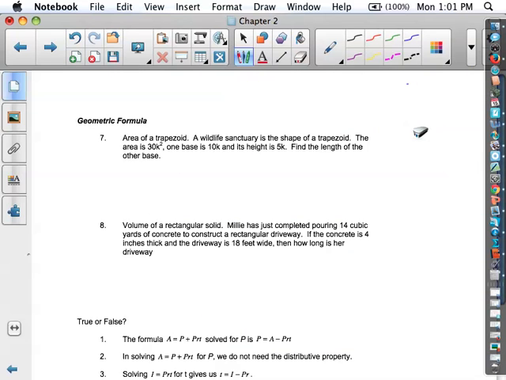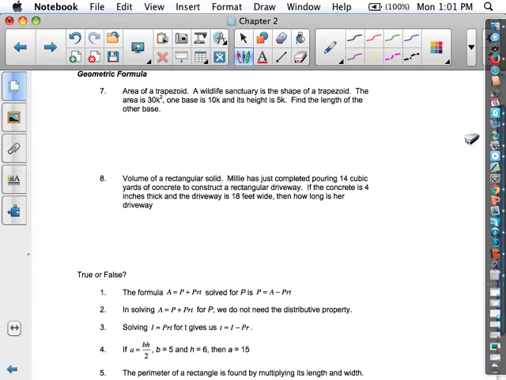Geometric formulas. Let's take a look. It says the area of a trapezoid. A wildlife sanctuary is in the shape of a trapezoid. The area is 30K squared. The base is 10K. The height here is 5K. Find the length of the other base.